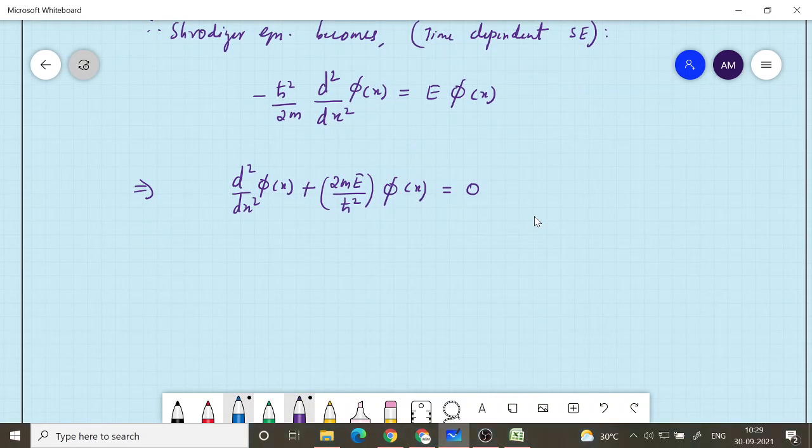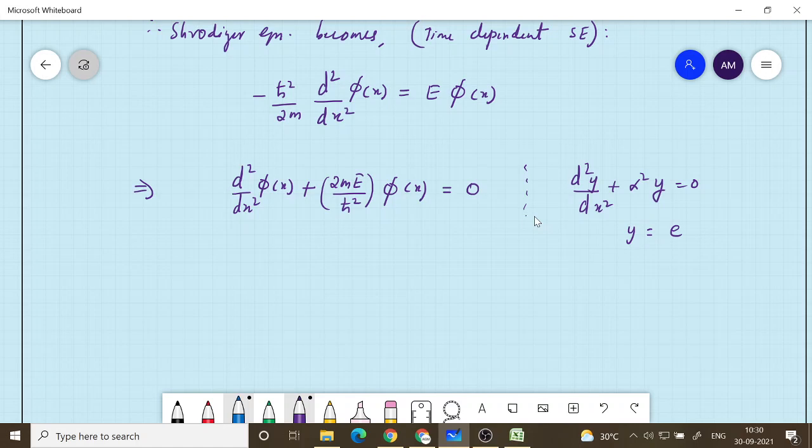You can compare it with an equation like d square y by dx square plus alpha square y is equal to 0. So what is y? There will be two solutions.